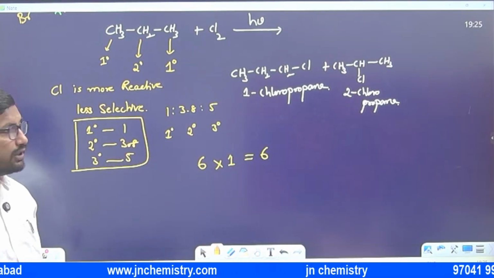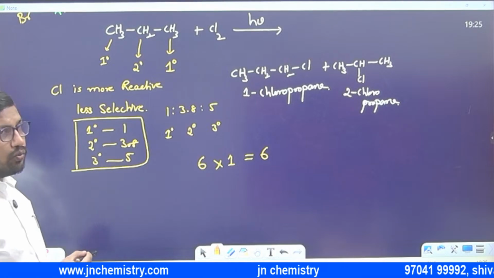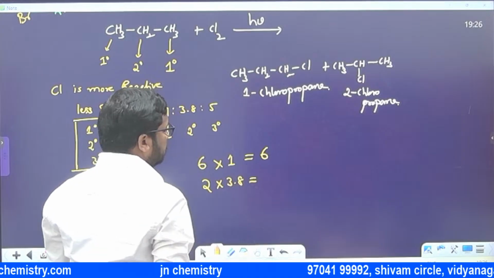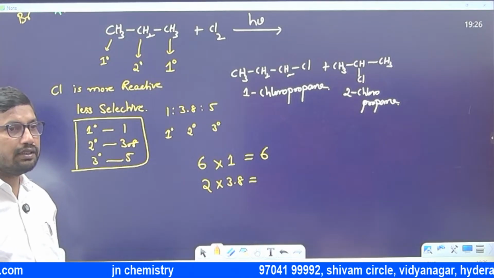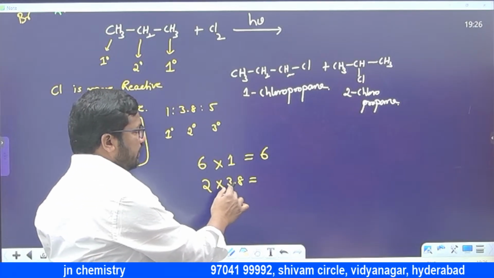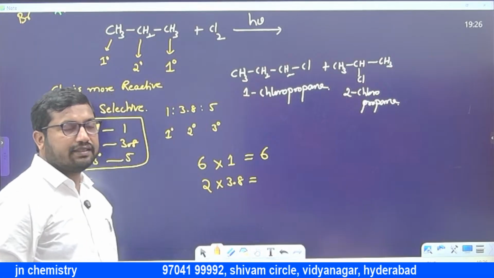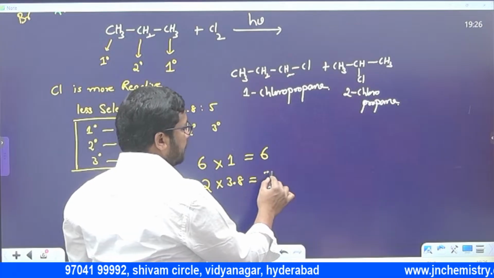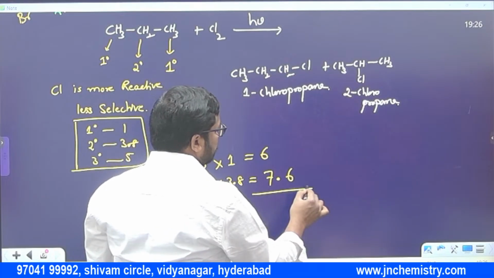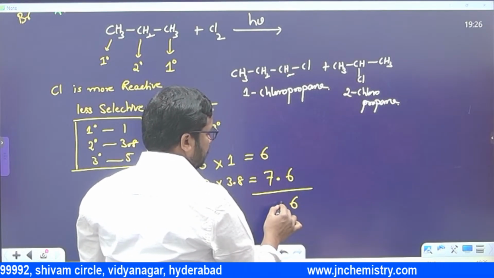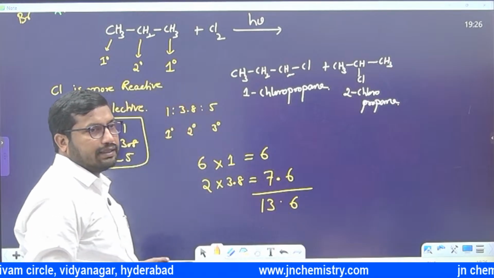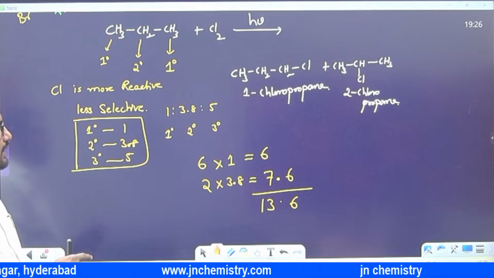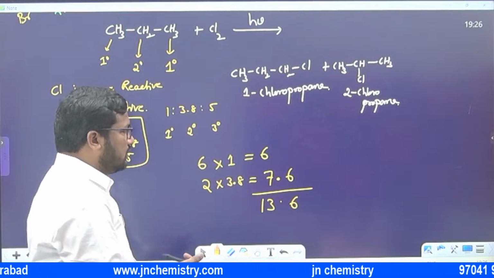How many secondary hydrogens? 2. 2 into 3.8 is 7.6. Total is how much? 13.6.